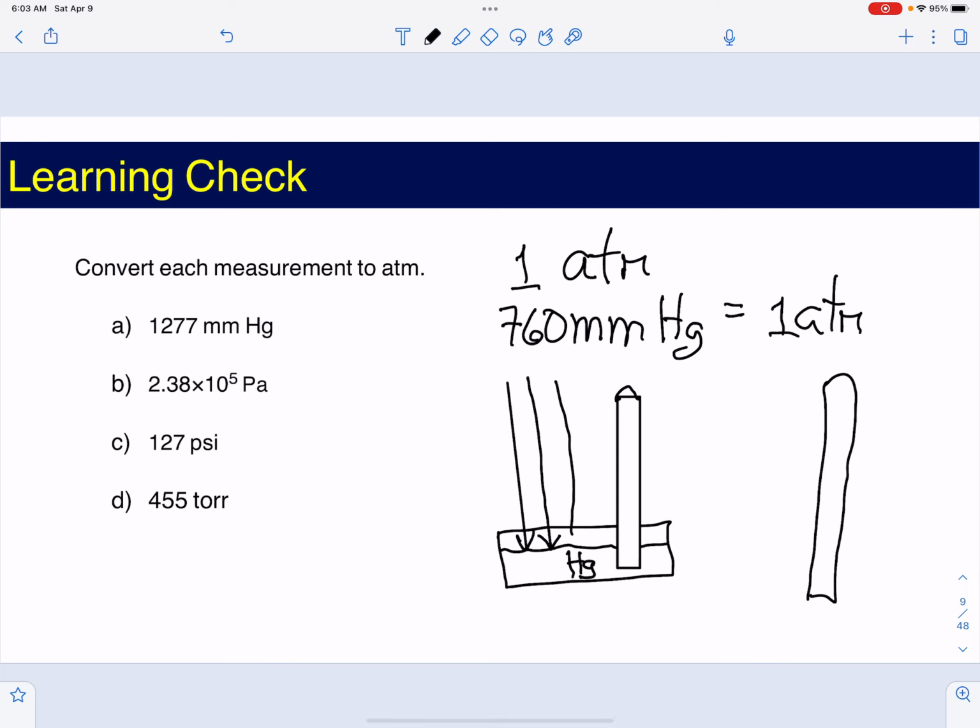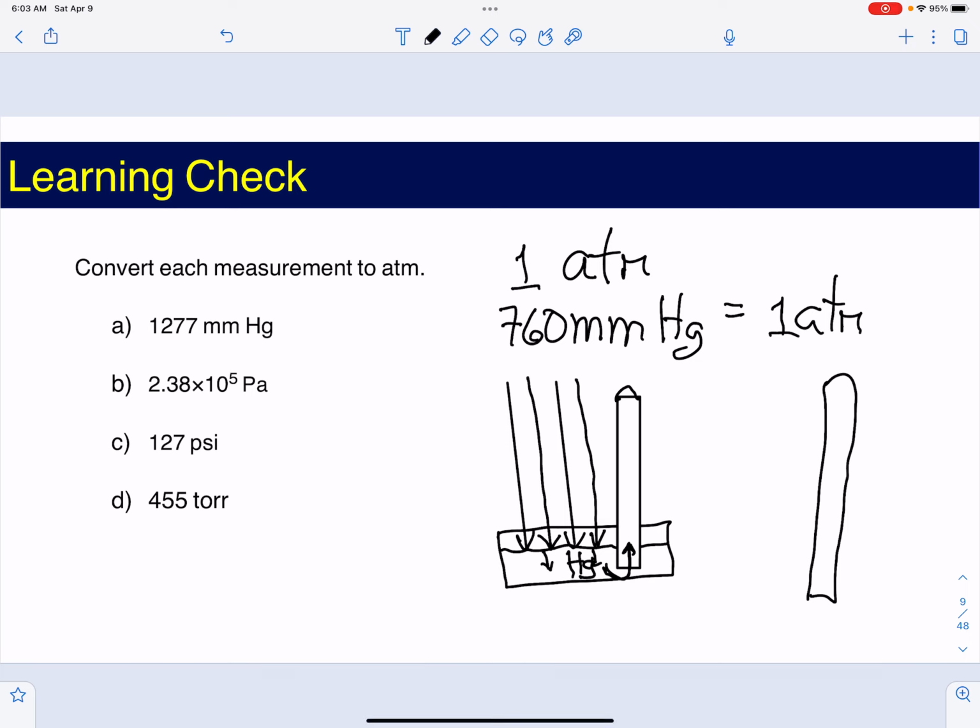So all that matter, all the oxygen, all the carbon dioxide and all that, is being pulled toward the ground by the force of gravity. And that's putting weight on the mercury, so the mercury gets compressed, but it finds a way to escape, and it goes up the tube.